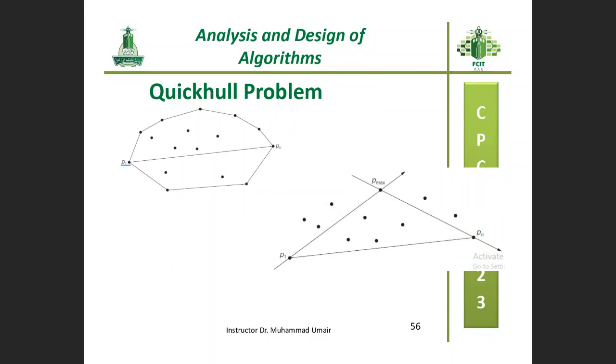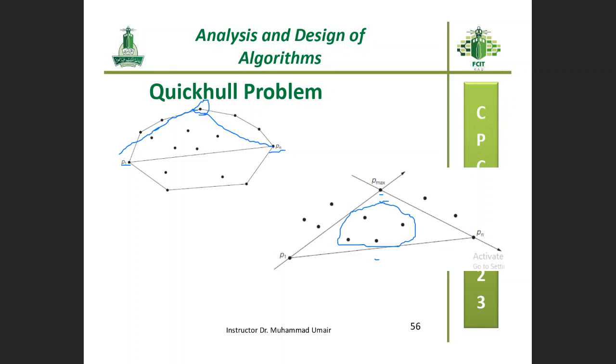We have identified the extreme points P1 and P2, and then we have determined an extreme point with respect to this line. For example, this is the farthest point from this line. Then you have to join them together. If you join, it will make a triangle. All points lying within that triangle cannot be boundary points. Is that clear?